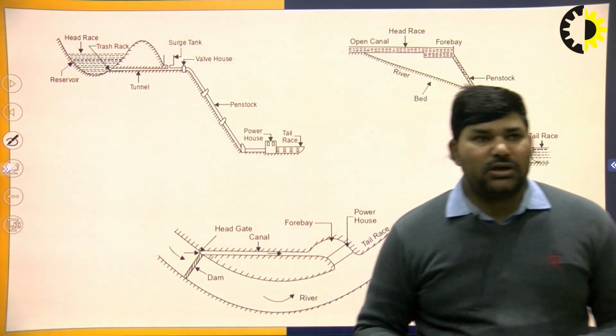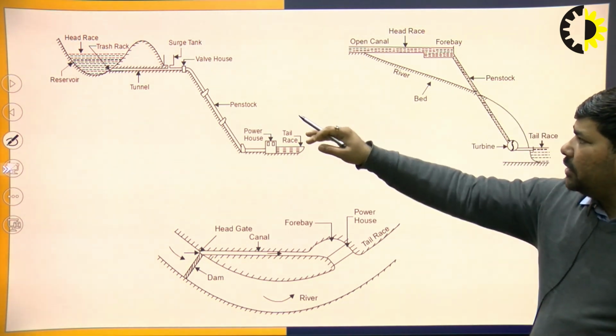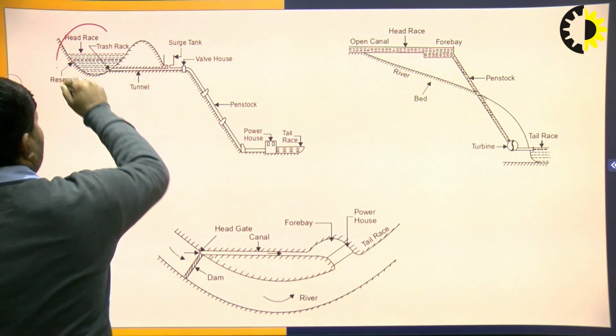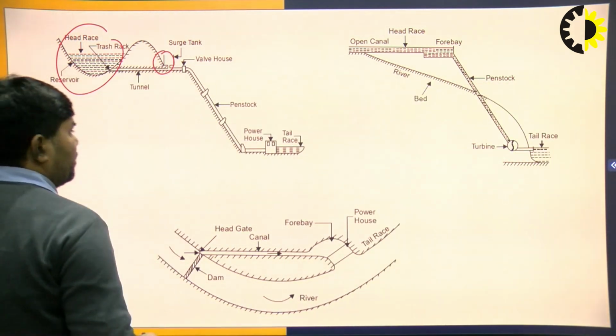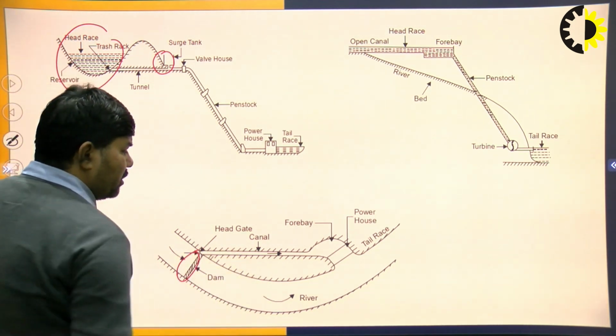These are some different types of power plant. Here you can see the head race, the reservoir, and the dam, and then the water goes on the canal.